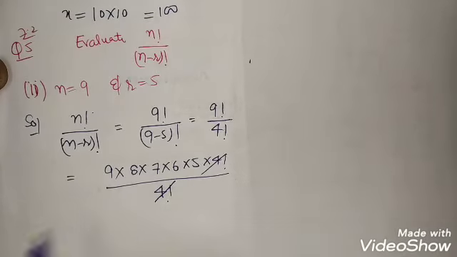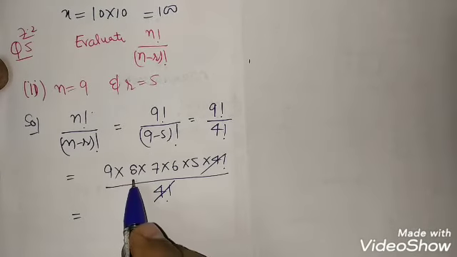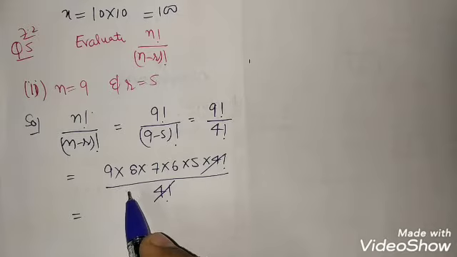You have to multiply the whole thing and you will get the answer. 9 into 8 into 7 into 6 into 5 into 4 factorial, and no need to multiply by 4 factorial. So this is 15120.